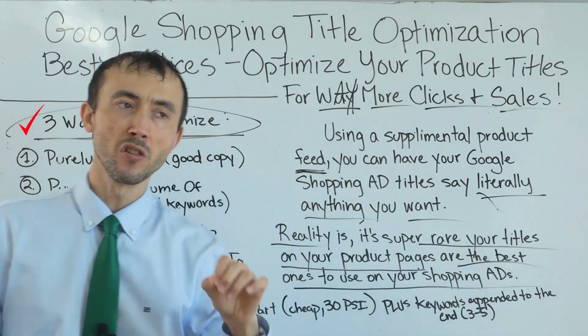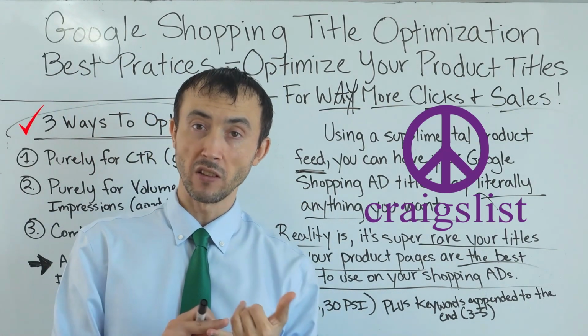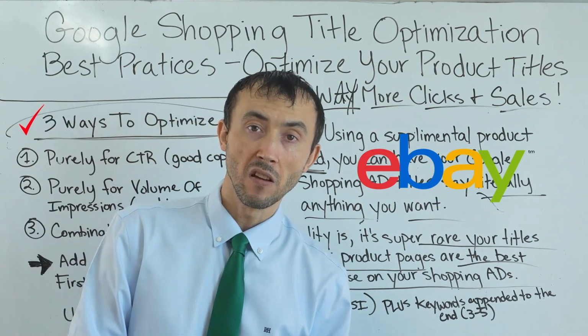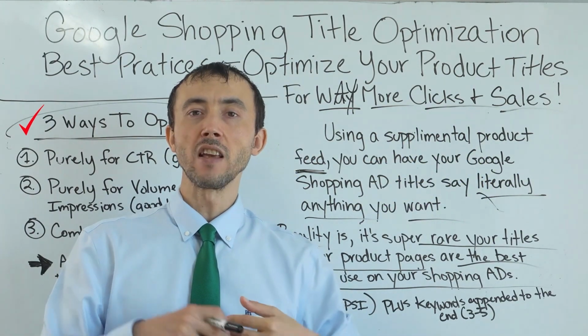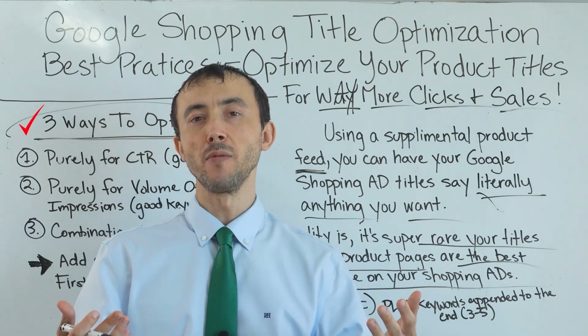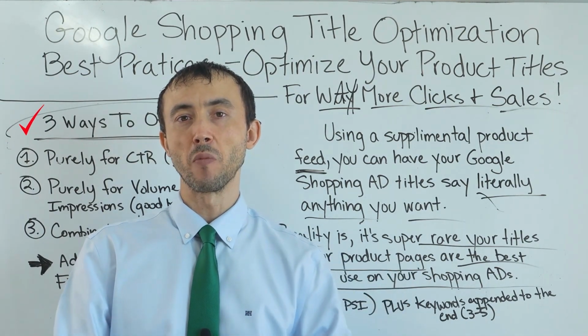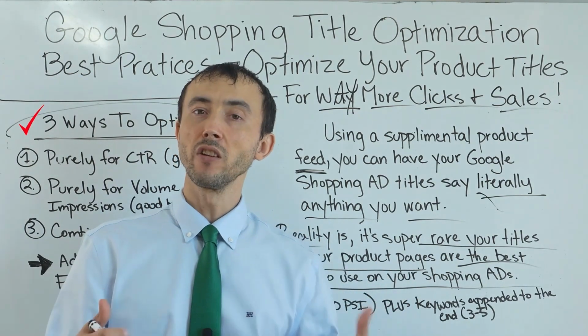This is similar to the strategy people use on Craigslist or eBay, where they try to get the listing to show up more times by adding keywords down at the bottom of the product description. And that's all you're really doing here.